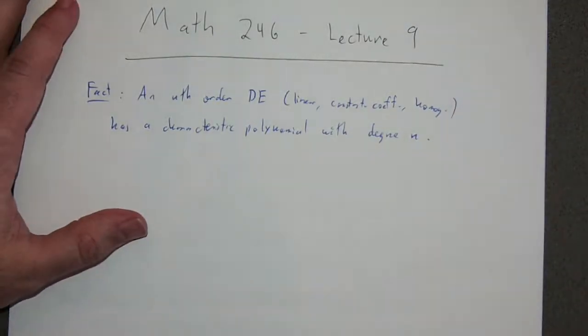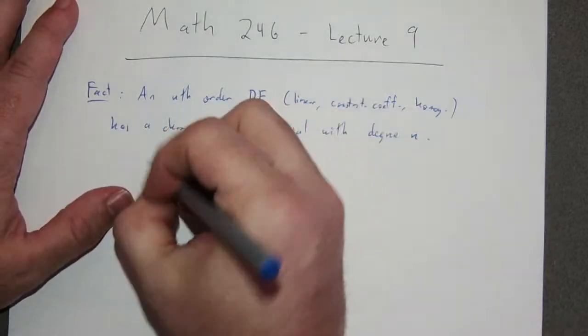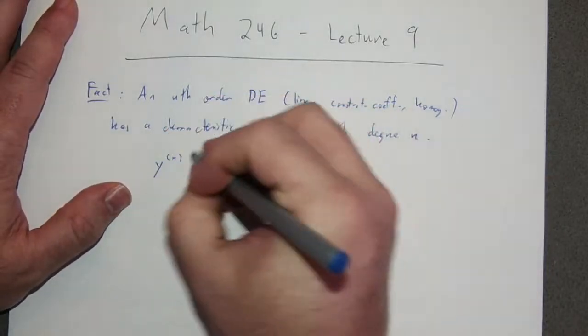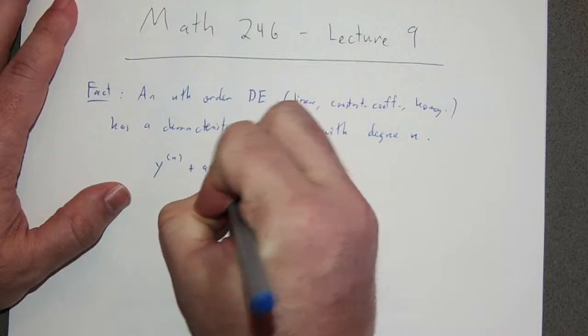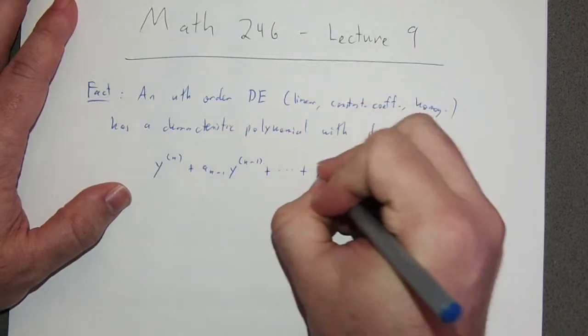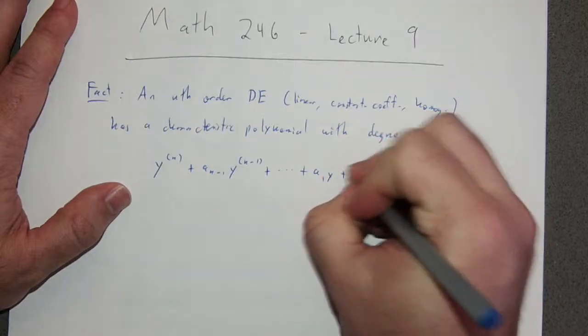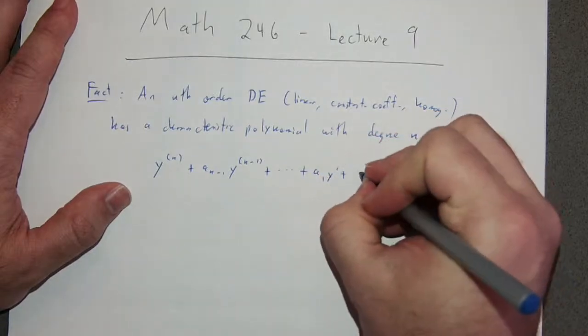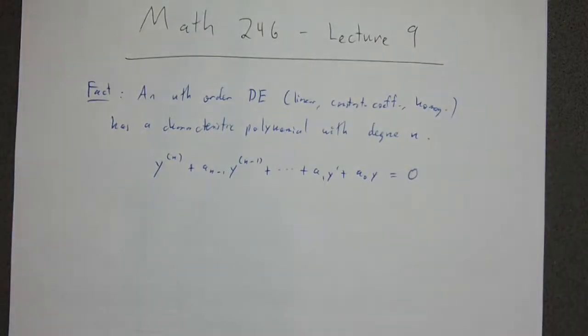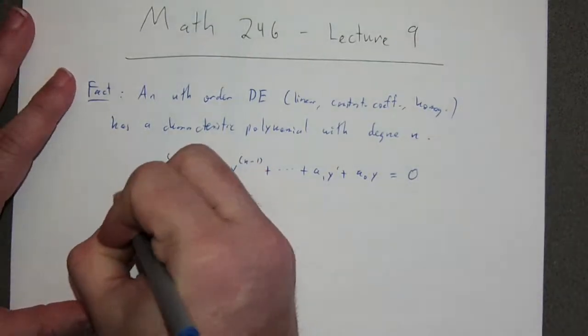Just from the definition of the characteristic polynomial, this is easy to see, right? If I start out with an nth order differential equation like this, what that looks like is the following: y to the n plus and so on, plus a1 y prime plus a naught y is equal to 0. What is the corresponding characteristic polynomial? Well, that's easy to write out.